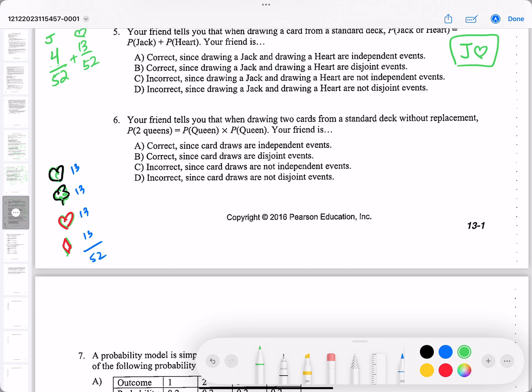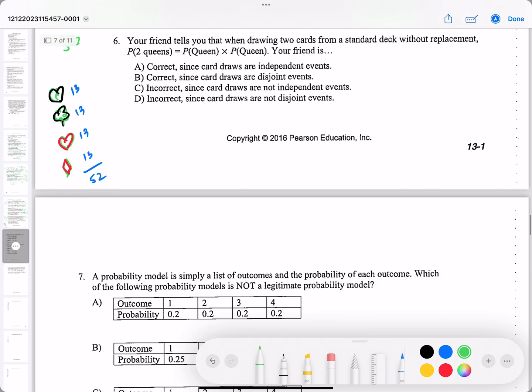However, I have a jack of hearts, so I need to subtract 1 out of 52, because the jack of hearts got counted in both. So that's why the answer would be no, and that would be D. They're not disjoint, and so you can't just add. You add only disjoint events, and because I have an overlap, the answer is no.